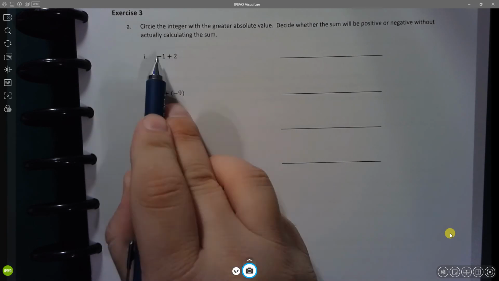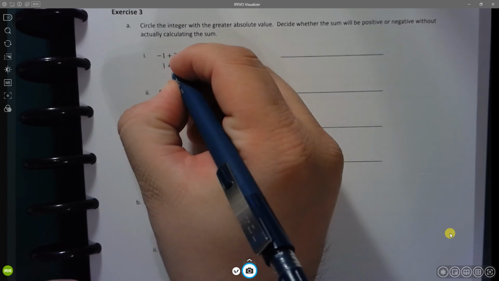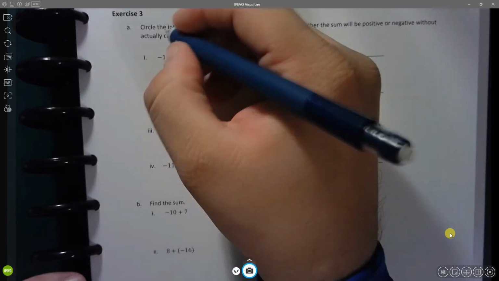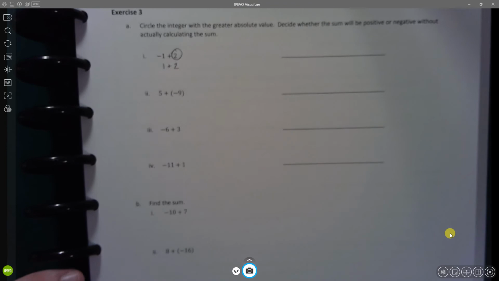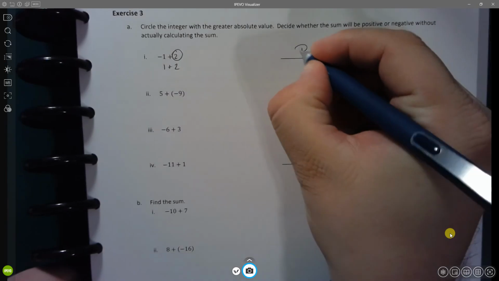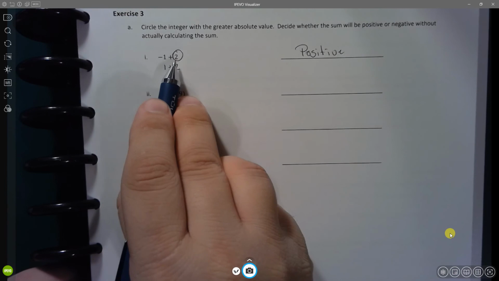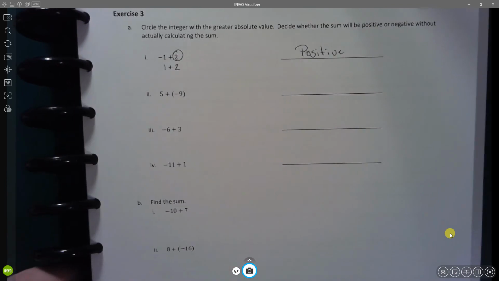So negative 1 and positive 2. Absolute values would be 1 and 2. Which number is bigger? The 2. That would mean that my sum is most likely going to be positive, and I know that because 2 is the positive number in this problem.